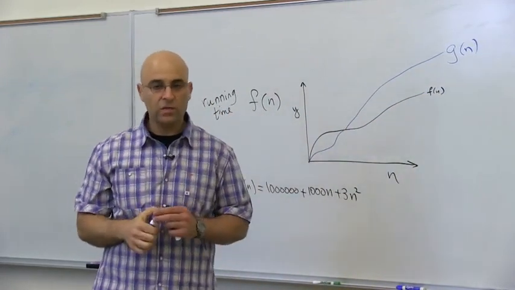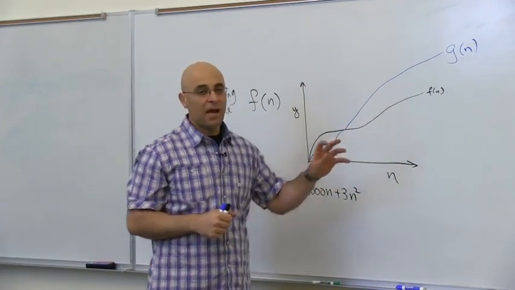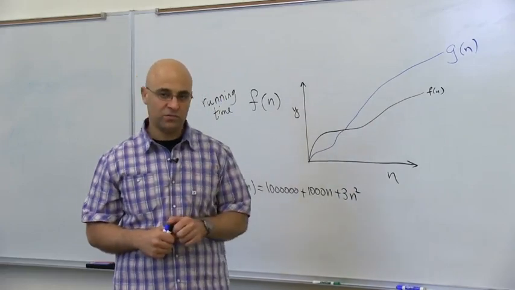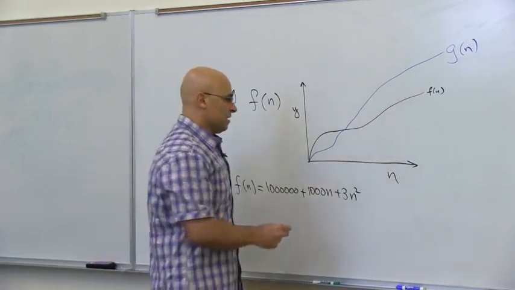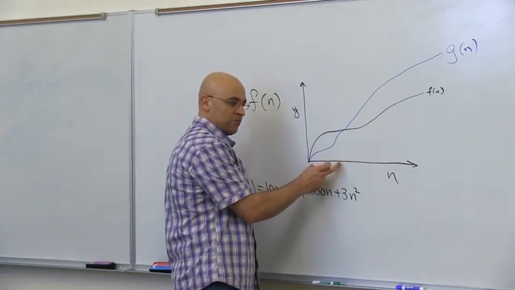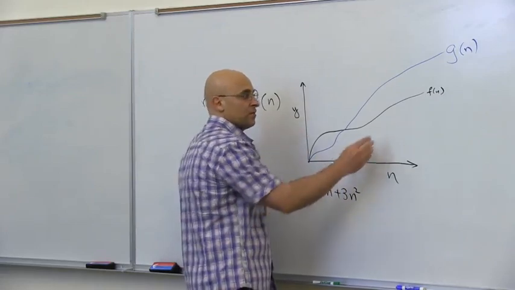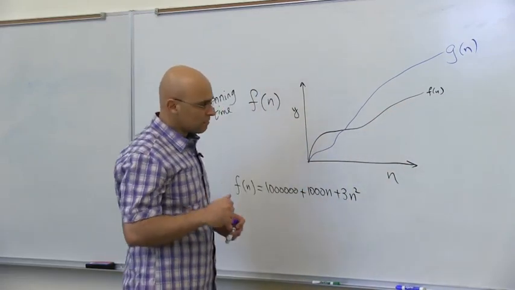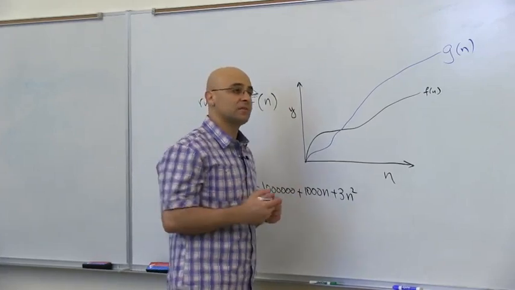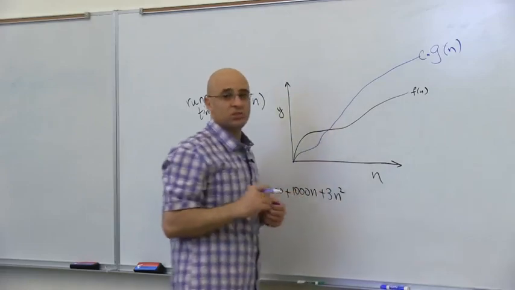So in asymptotic notations, when I have a function f of n, I am interested in getting a function g of n such that, except for a few values of n in the beginning, after a certain point the function f of n is going to grow at most as fast as some constant times that function g of n.